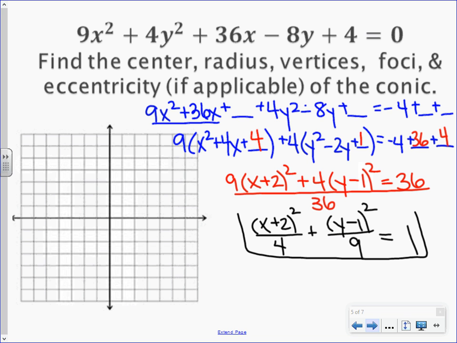From here it can be nice, right? As long as you can get to there, the rest won't seem so bad. Turn to your neighbor. Which direction does this ellipse open?